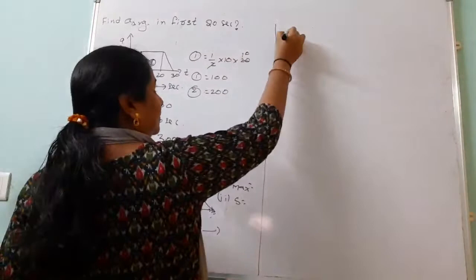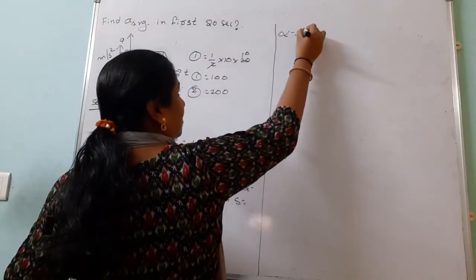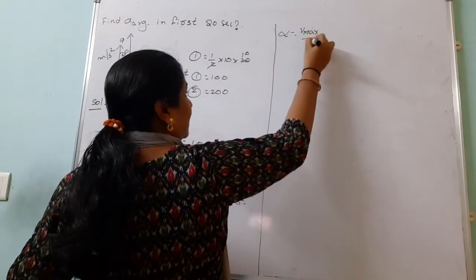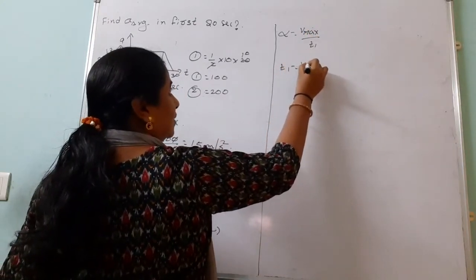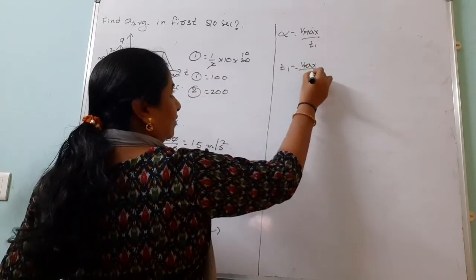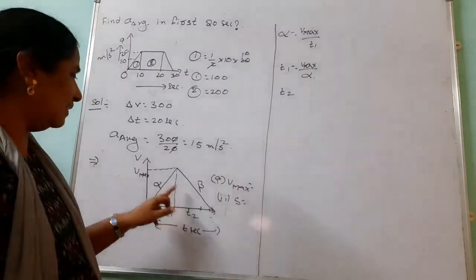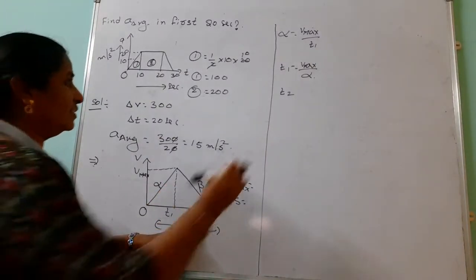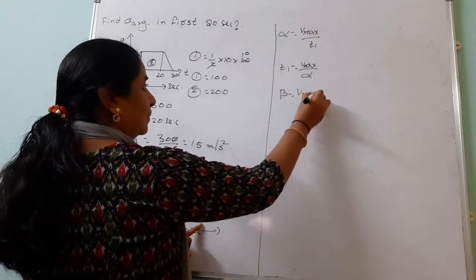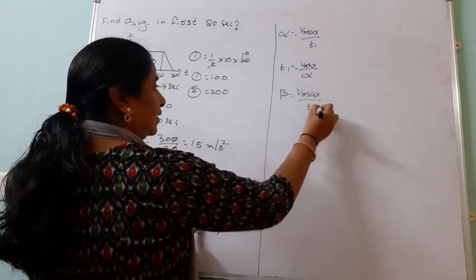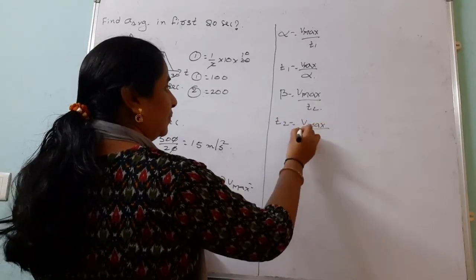Alpha equals V maximum by T1, so T1 equals V maximum by alpha. Like that, beta equals V maximum by T2, so T2 equals V maximum by beta.